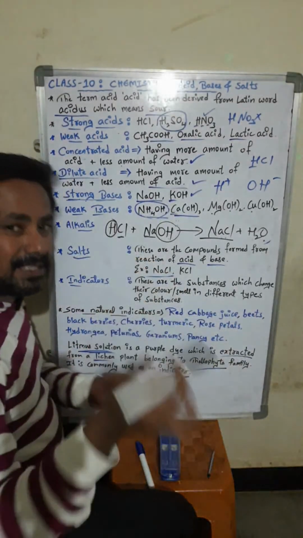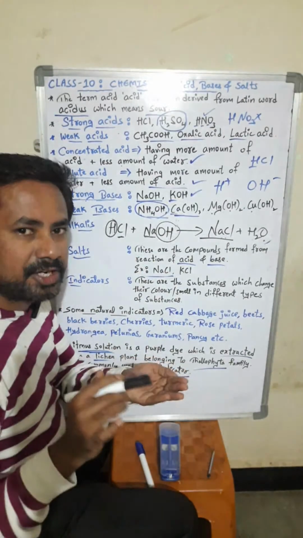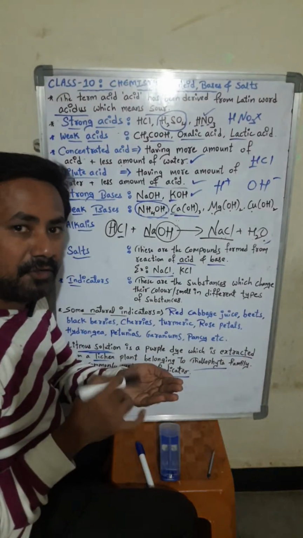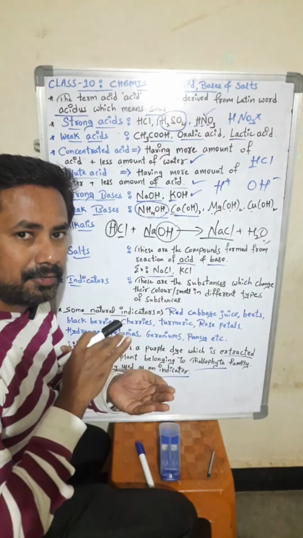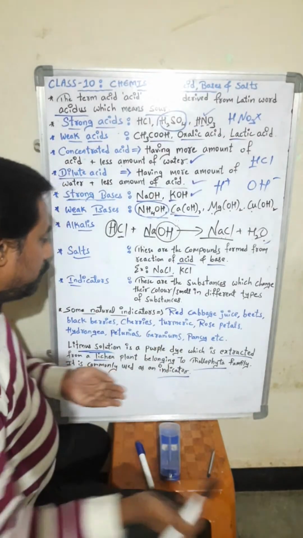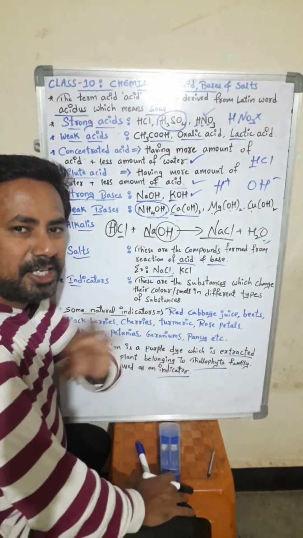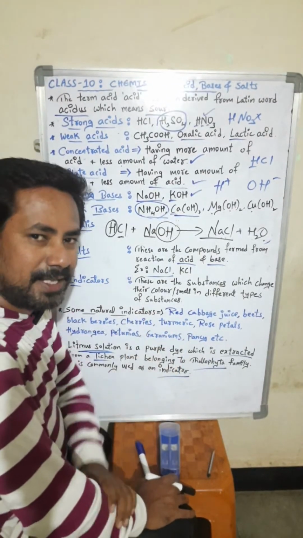If HCl is given to you, acids are generally sour in taste, but if you taste it, your tongue will be damaged, strong acid. So by using these indicators we can easily identify whether the given substance is acid or base.